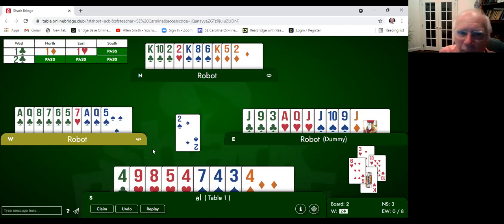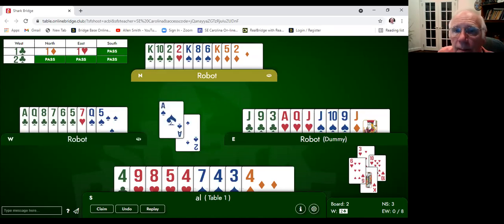Or he could say, well, we're going to take our chance and hope that the clubs break and the hearts break. So he jumps up there and takes the ace of spades. This is actually the best line of play that he could make.